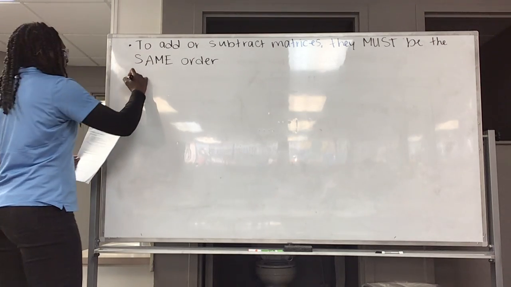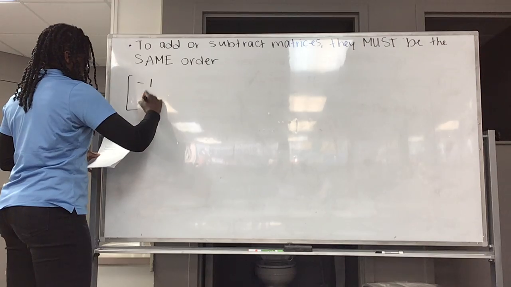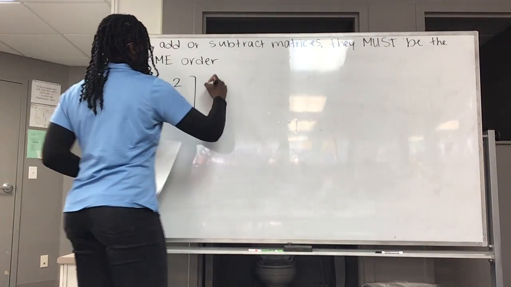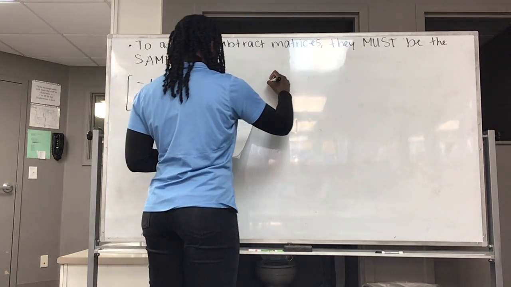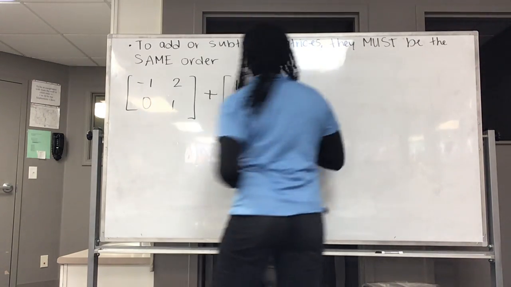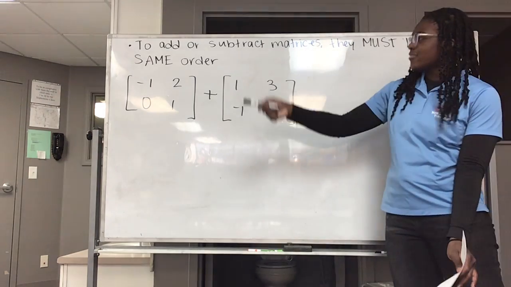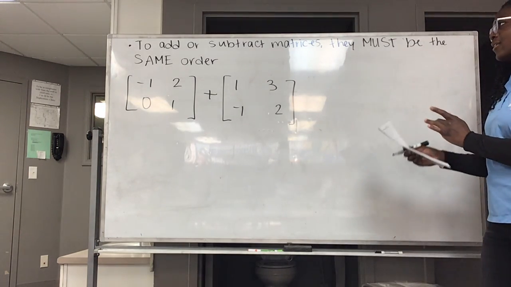So let's just start off with a couple of examples. Okay, so I've got my two matrices here, and they have the same order. I can check. The first one has 2 rows, 2 columns, and then the second one has 2 rows, 2 columns.